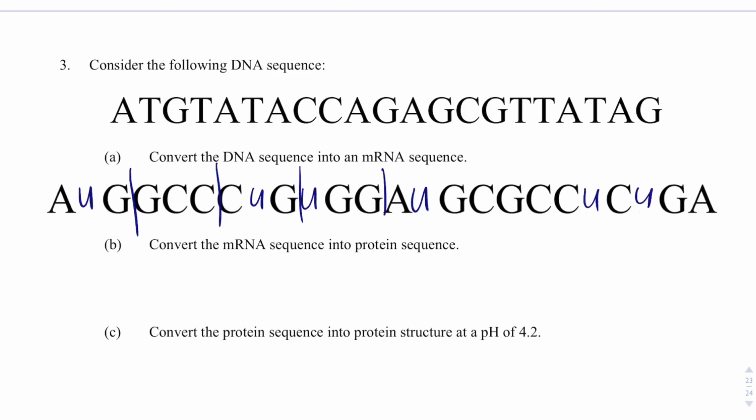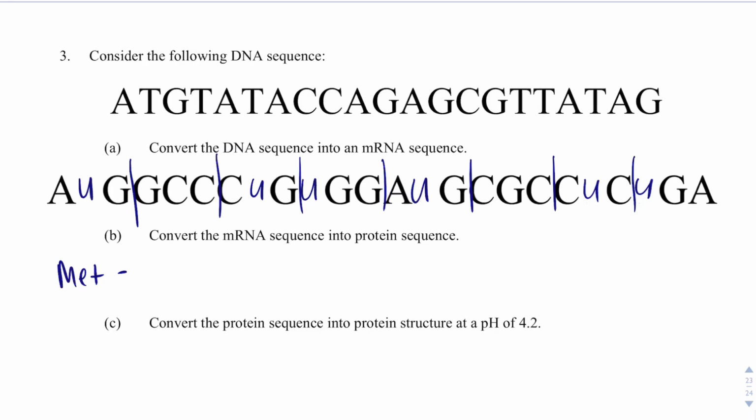And then we're going to use our codon table to translate this into an amino acid. We know we're going to start with methionine. GCC is alanine, CUG is leucine, UGG is tryptophan, AUG we know is methionine.